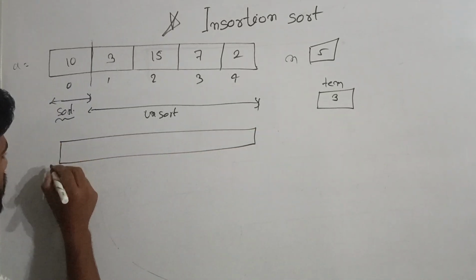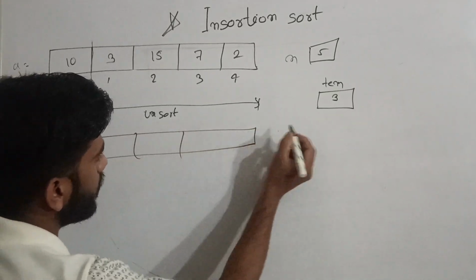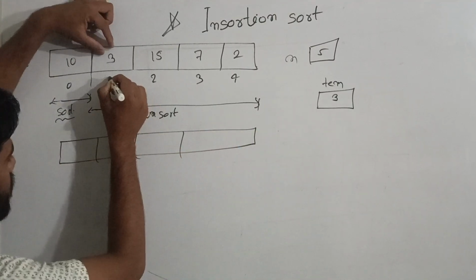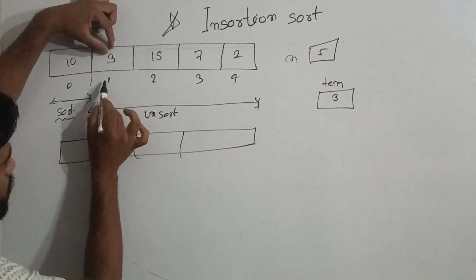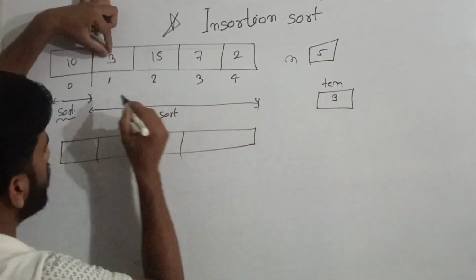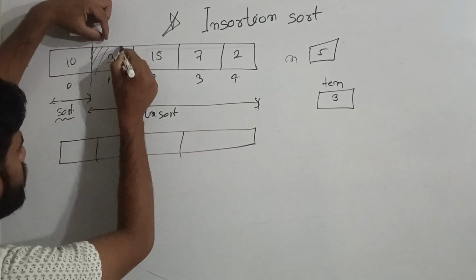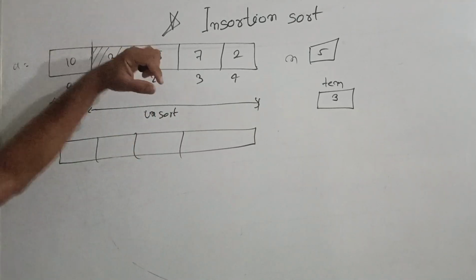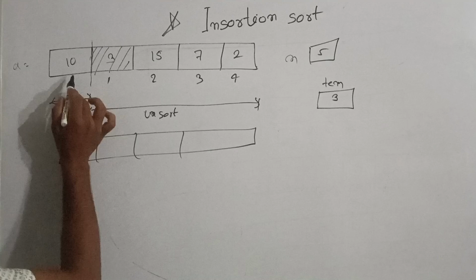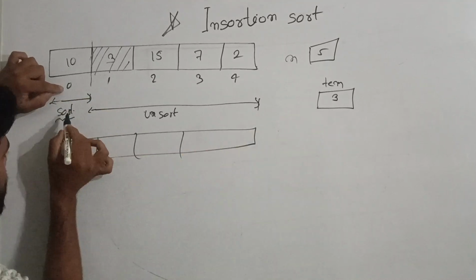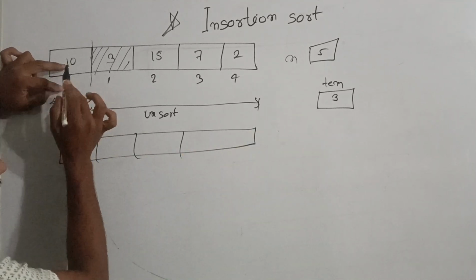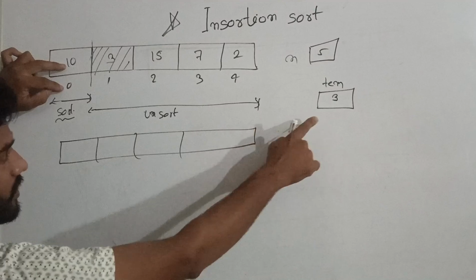Here, from the unsorted array, 3 is copied into temp, and its place is considered a hole. Now compare with the temp variable: is 10 greater than 3?